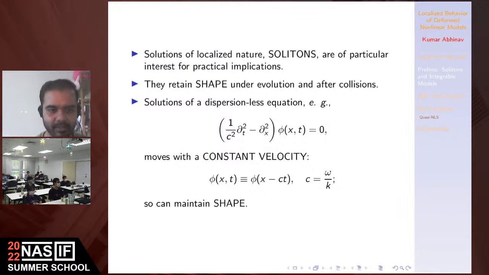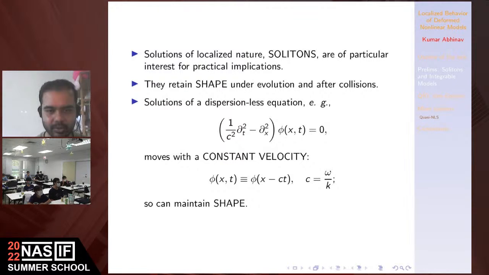Dispersion means the property that a function is spread out with time and space. So for an example, let's consider this equation, which is the Klein-Gordon equation in 2 dimensions. So there you can see it's a wave equation in general, because second derivatives of 2 different variables, space and time, acting on the function gives you 0.